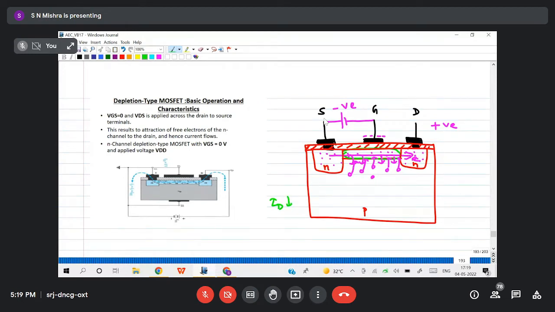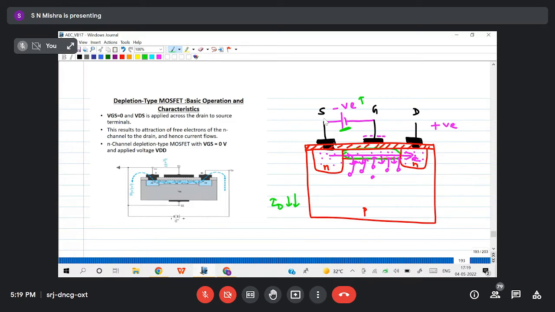Now if I increase the reverse bias more, then there is more decrement in the current. So in that way, if I apply negative voltage, or the potential across the gate to source terminal, then I can control the output current, which is ID. That is the same as the operation we discussed in JFET. By controlling the gate to source voltage, the current will be controlled, right? So that's why it is FET operation.